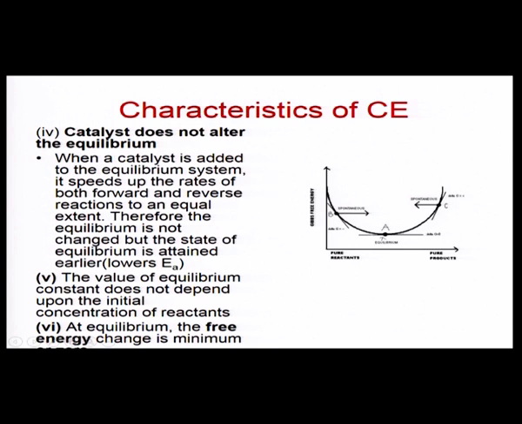If it is an irreversible reaction, usually the delta G value, the free energy change, is negative for a spontaneous reaction. For an equilibrium reaction, the free energy change is minimum or 0.